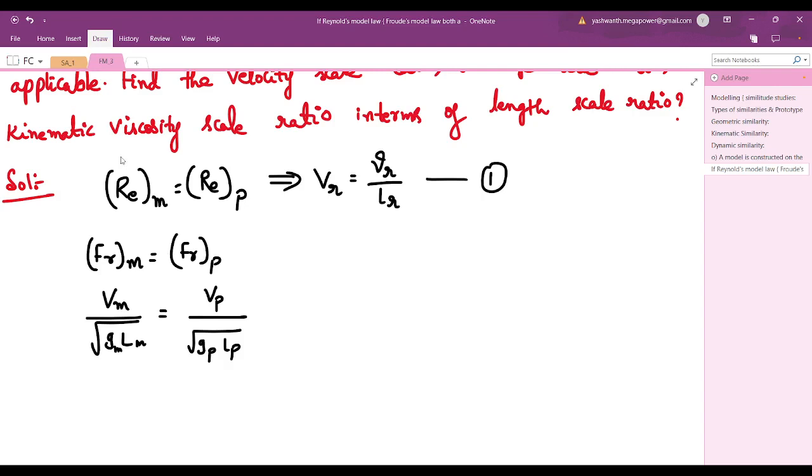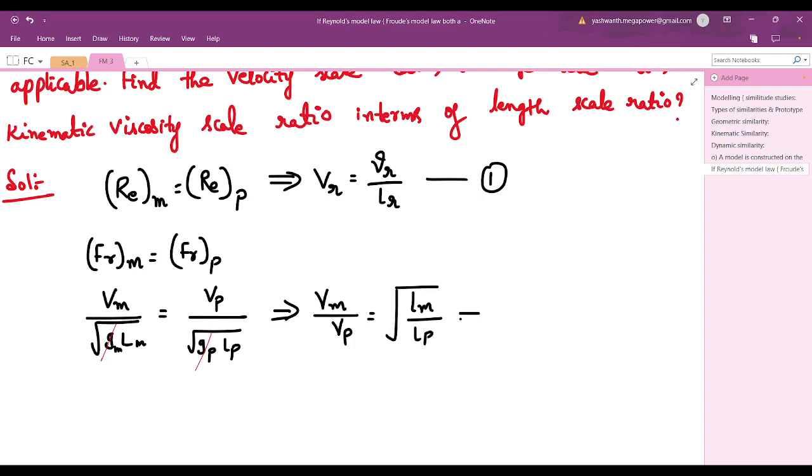Therefore, this G and this G can be cancelled, right? Then I'll rearrange the terms. Vm by Vp is equal to under root Lm by Lp, right?